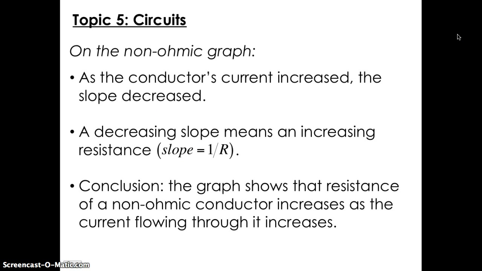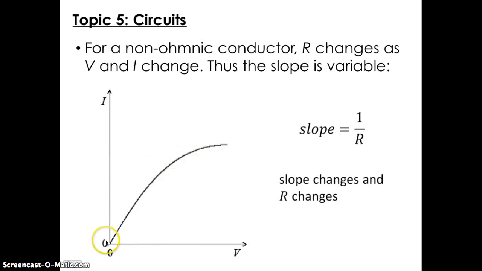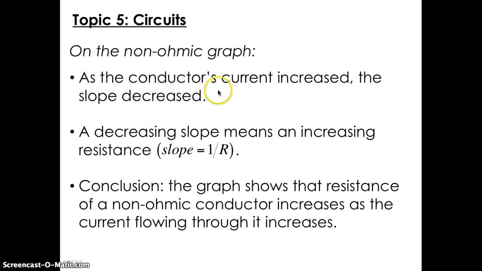What we see is that when we increase the current, slope decreases. Right? So as the current gets bigger and bigger, the y values are getting bigger, and as those current values increase, the tangent line is getting less steep, so the slope is getting less steep. So when current increases, slope decreases.